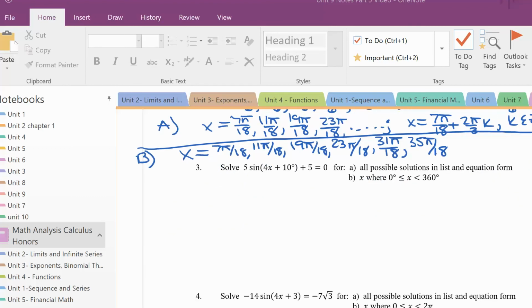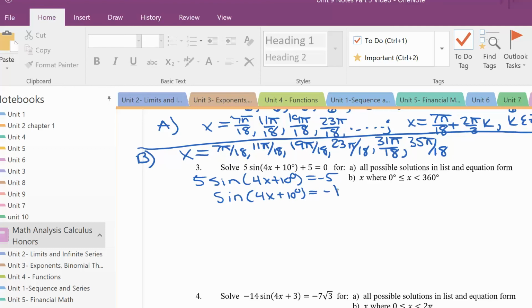All right, next one, same deal. We first subtract 5, so I get 5 sine of 4x plus 10 degrees equals -5. Divide by 5, so you get sine of 4x plus 10 equals -1.